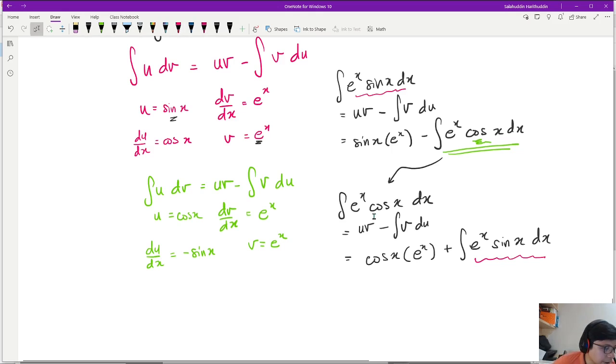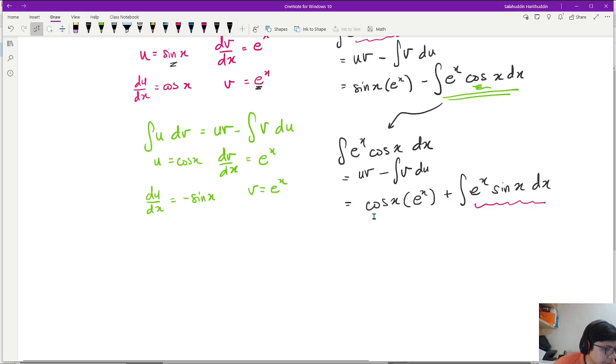So I can just substitute that again. Okay, so let's write the original one. Original one is the integral of e to the power of x sine x dx.